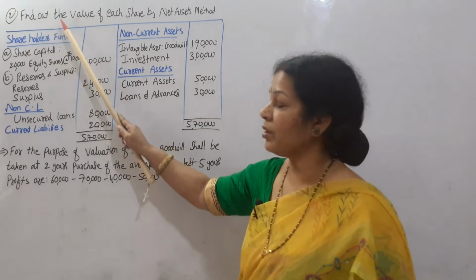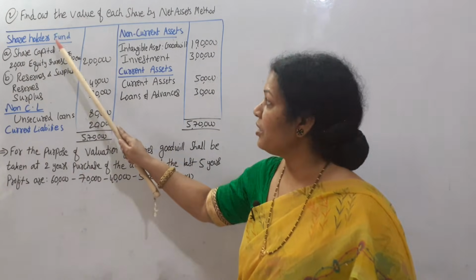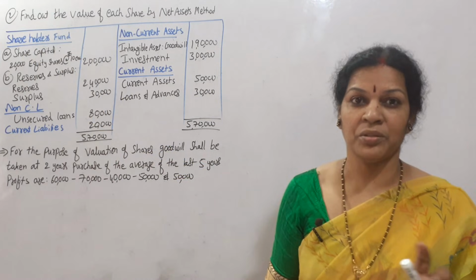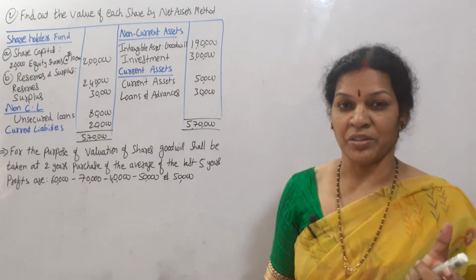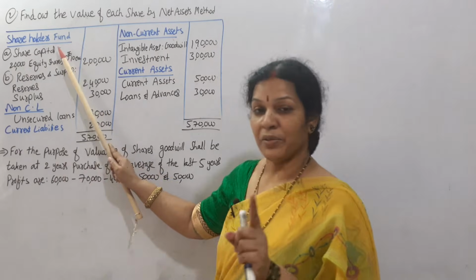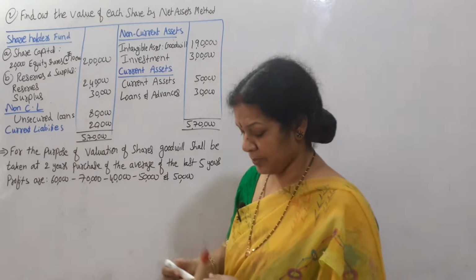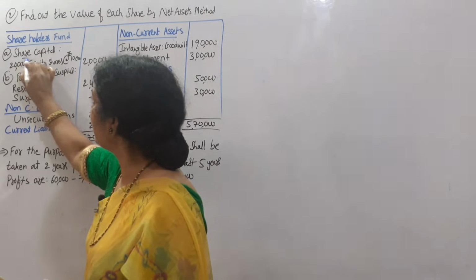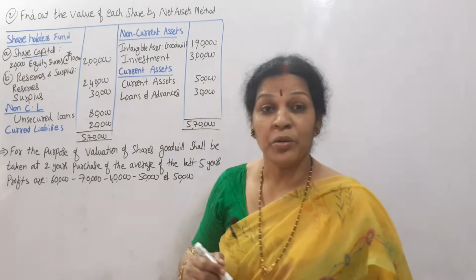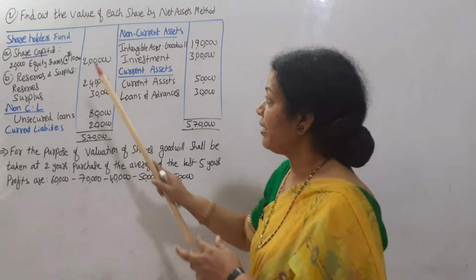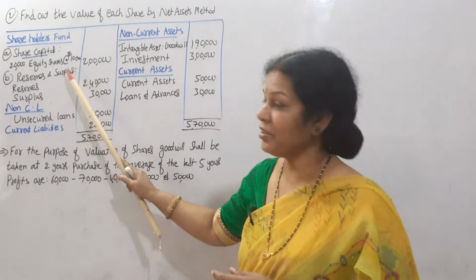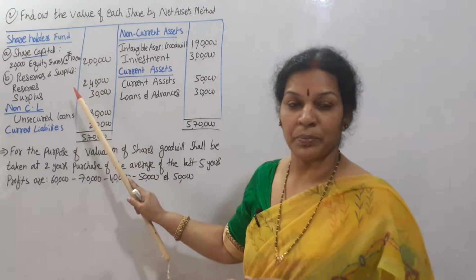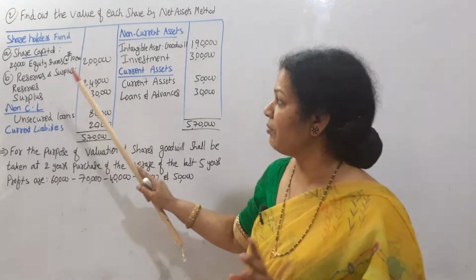Now coming to the liability side, shareholders fund is given, related to the shareholders. First of all, share capital is given to us: 20,000 equity shares at the rate of 10 rupees each. So it is 2 lakh rupees equity share capital value.